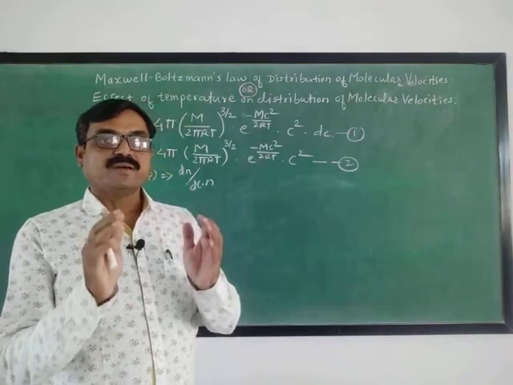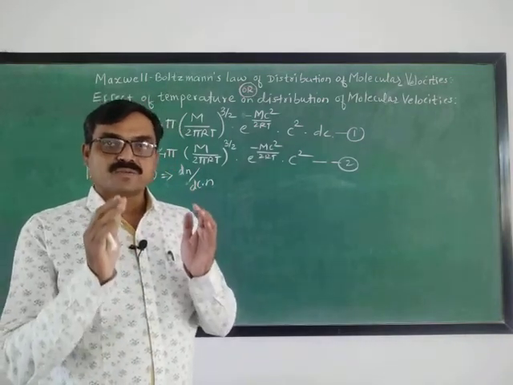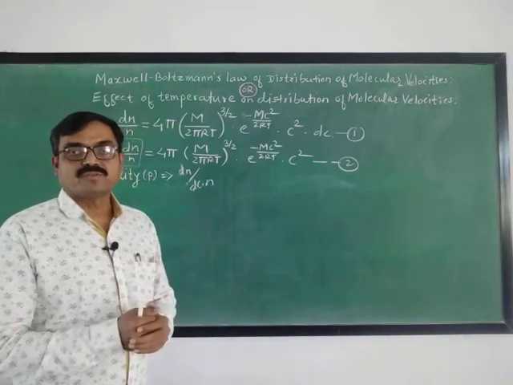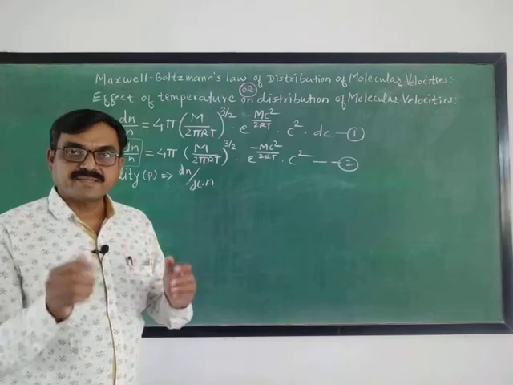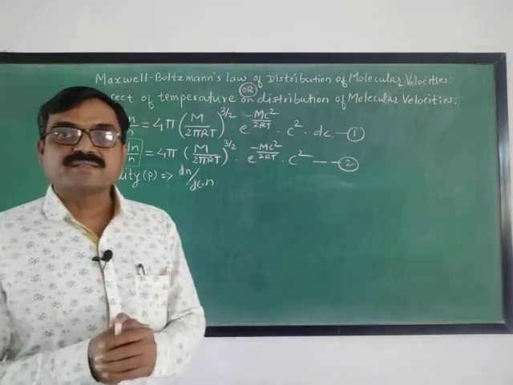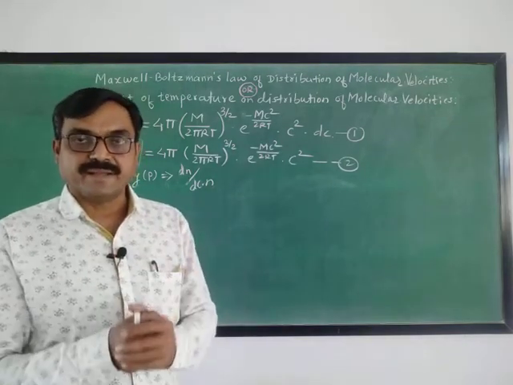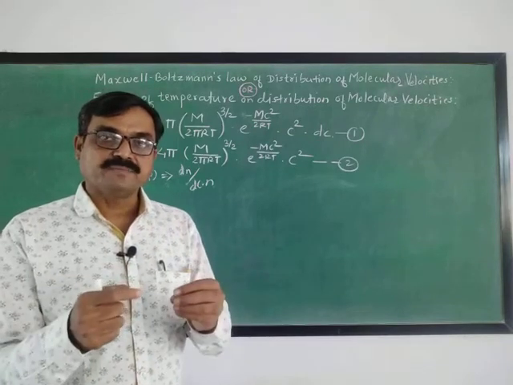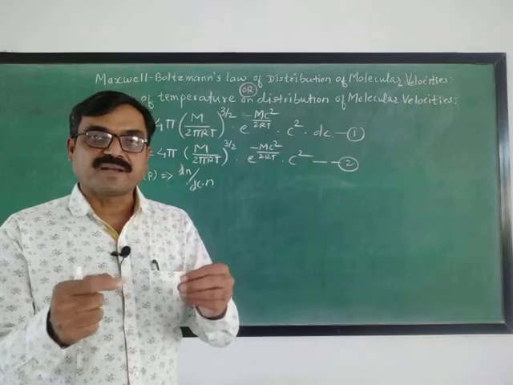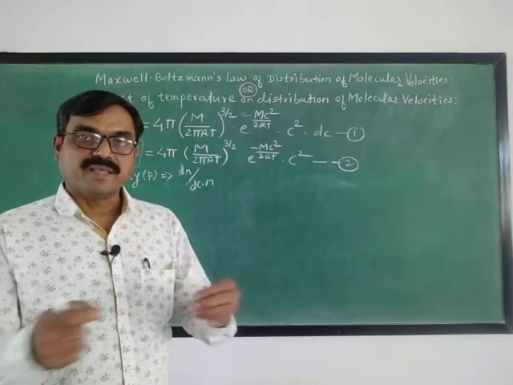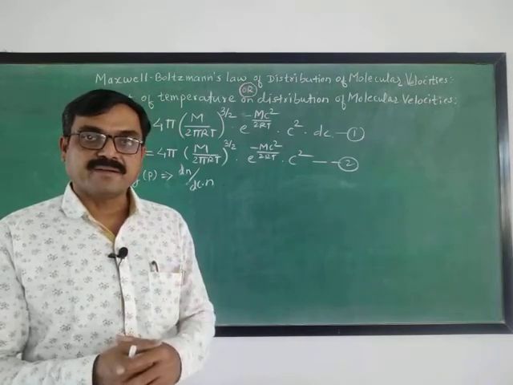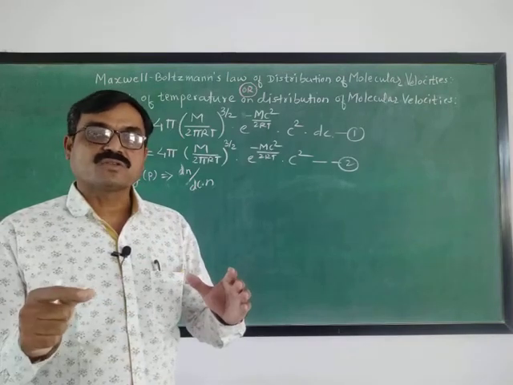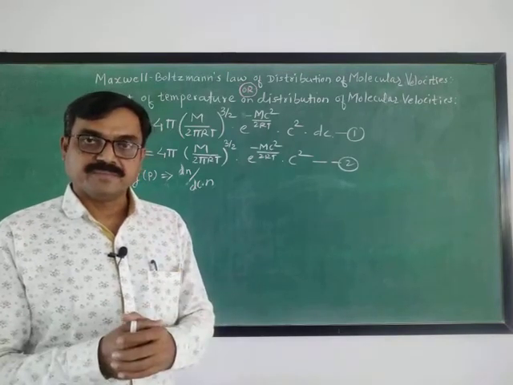Suppose in a vessel small n number of gaseous molecules are enclosed, and these gaseous molecules obey the postulates of kinetic theory. Means when these molecules collide with each other, their collisions are perfectly elastic, or they may collide on the wall of the container. In this collision also there is no loss of kinetic energy.